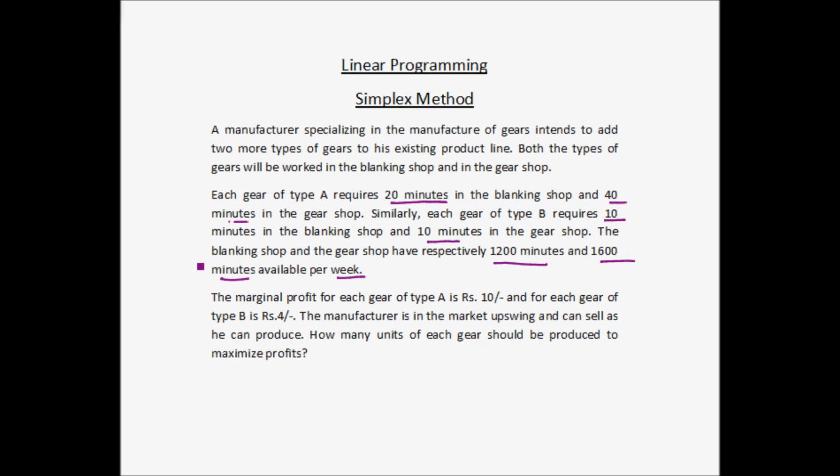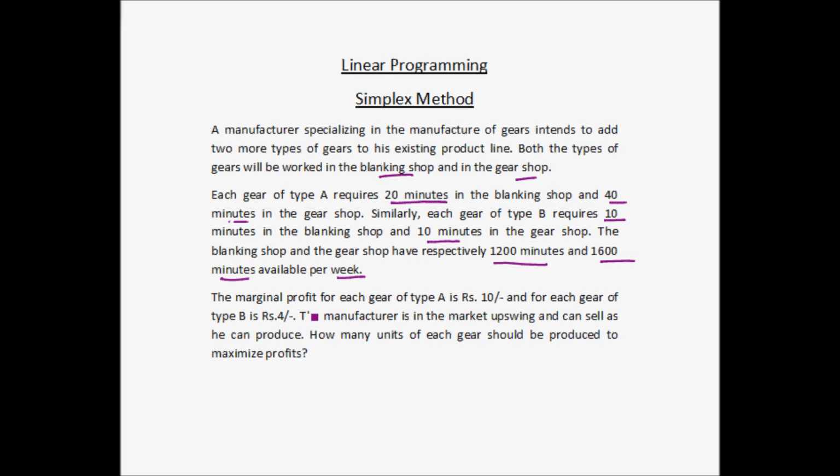So this is the information regarding the time taken by both the types of gears in the blanking shop and the gear shop, and the total time available for processing in the blanking shop and the gear shop.